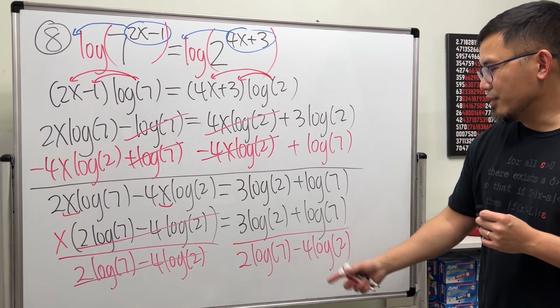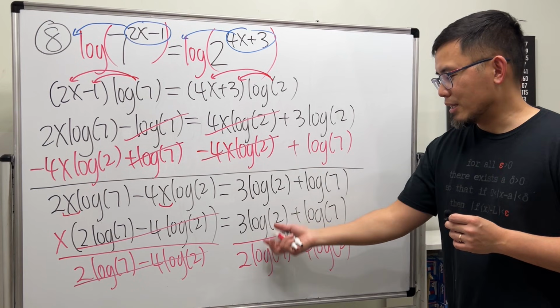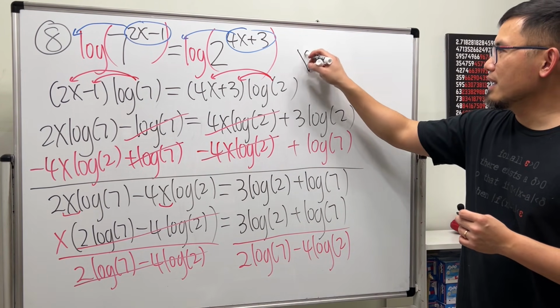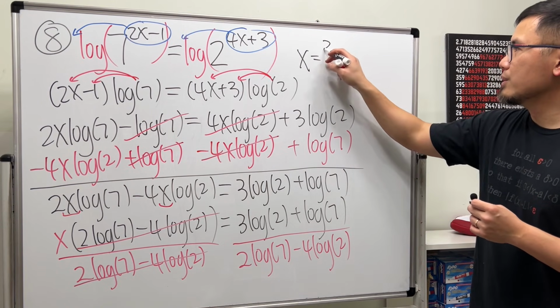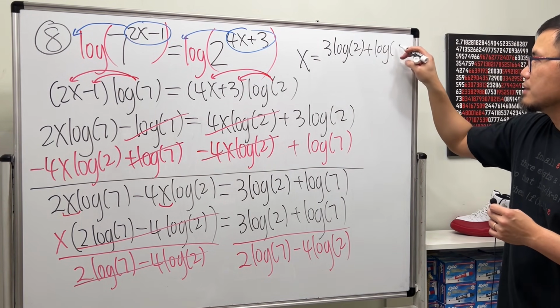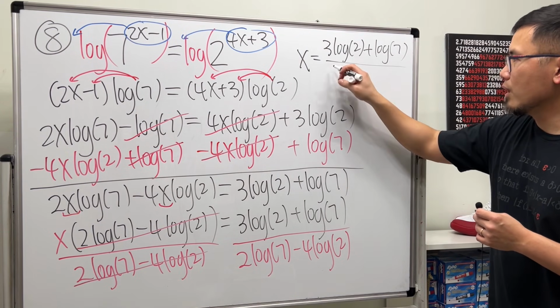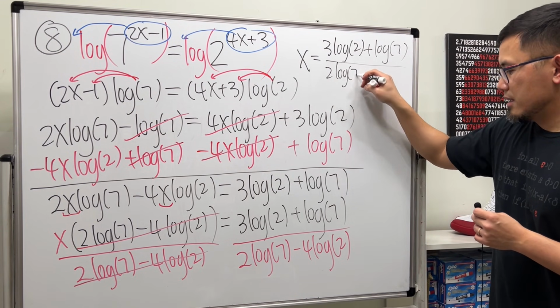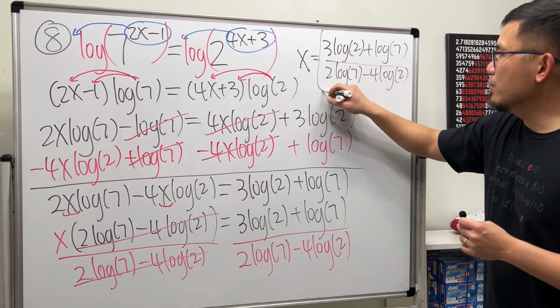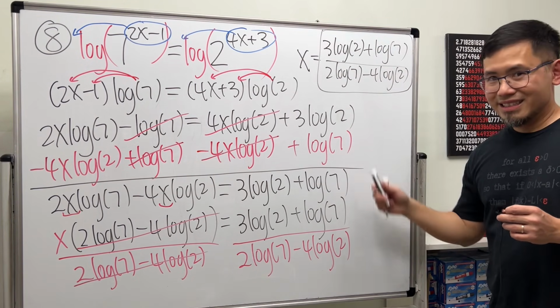And if you want to put this to the front so you can match the log of 7, up to you, but I'll just leave it like this. So finally, x equals 3 log 2 plus log of 7 over 2 log of 7 minus 4 log of 2. Whew.